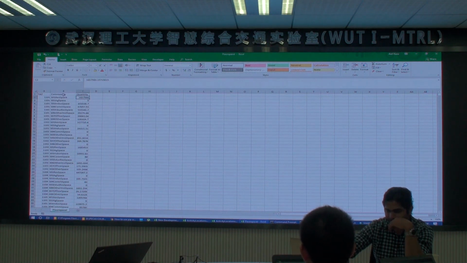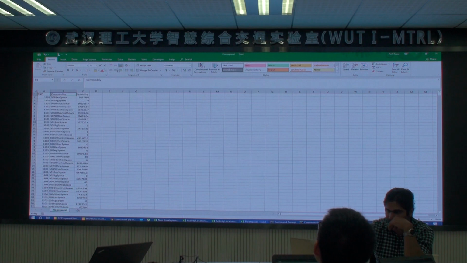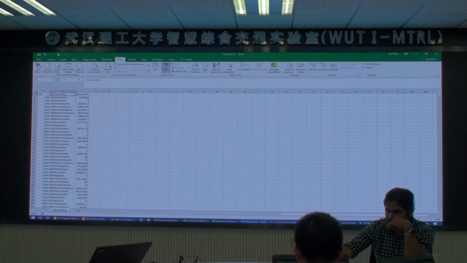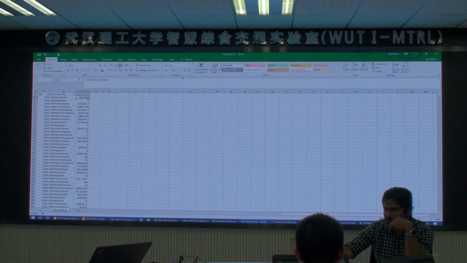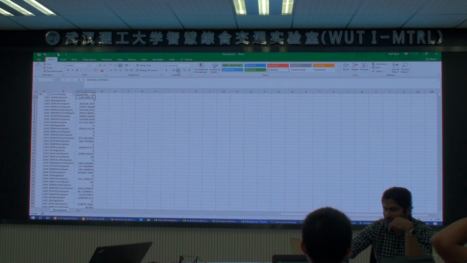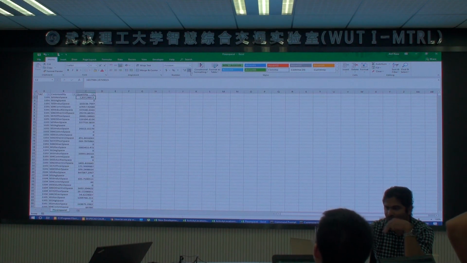So for example, I will show you here. For zone 1101 in 2026, we have 1.6 million square meters of residential space in this zone.